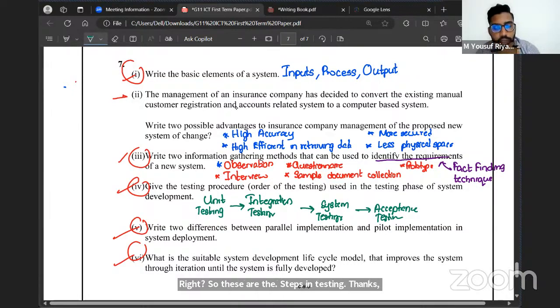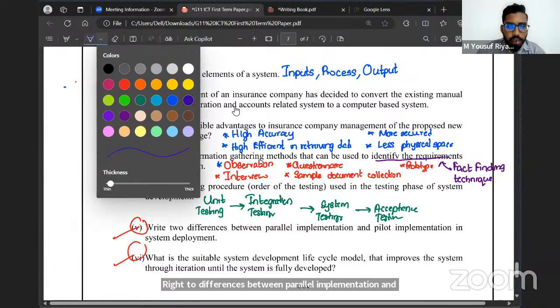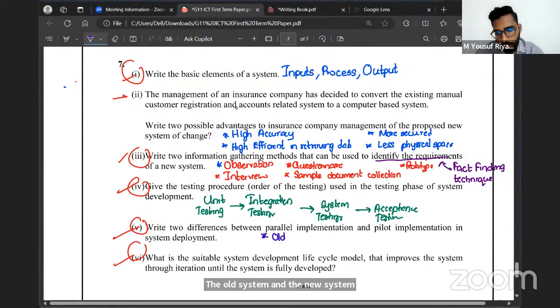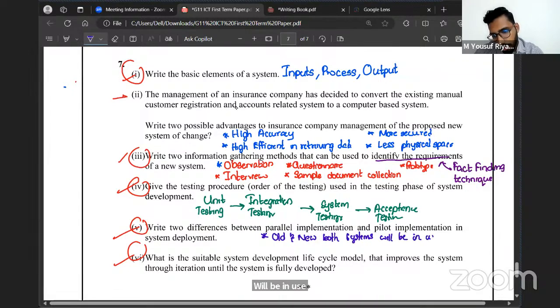The next one, write two differences between parallel implementation and pilot implementation. If you take parallel implementation, here the old system and the new system both will be used simultaneously. Okay, in parallel implementation, old and new, both systems will be in use simultaneously.